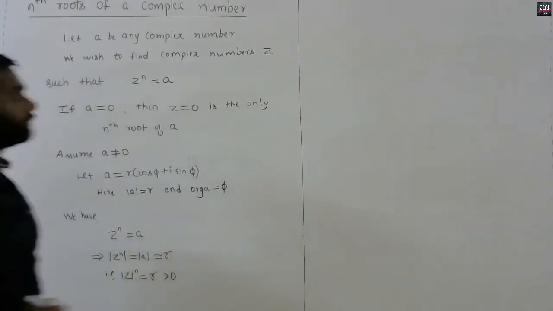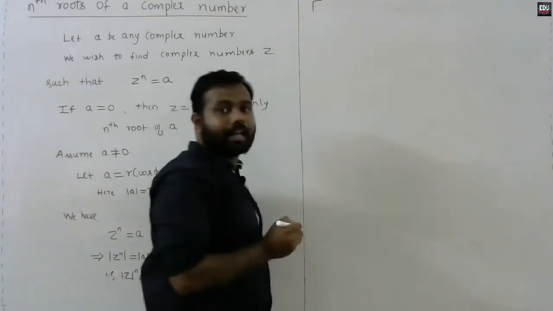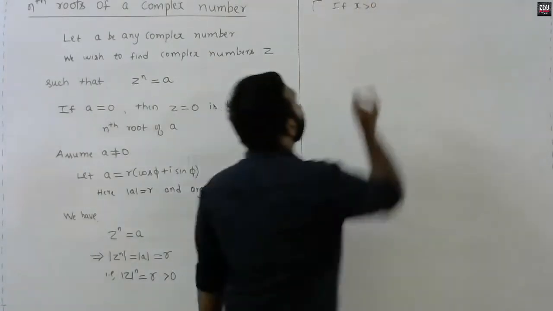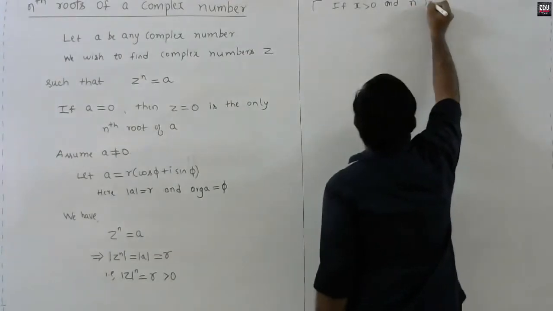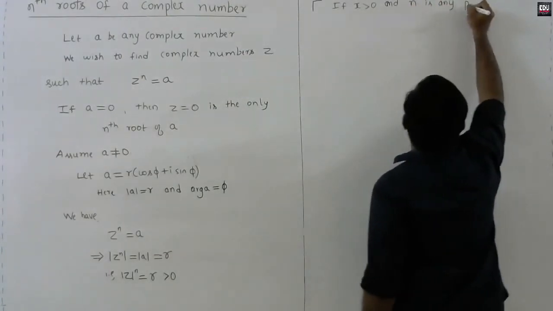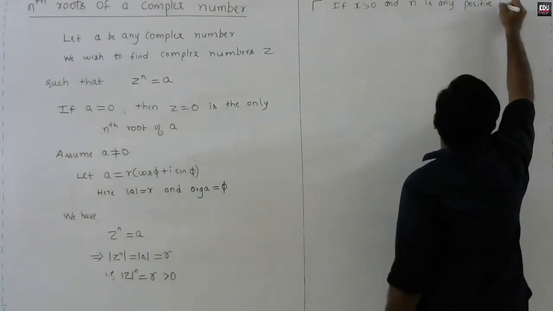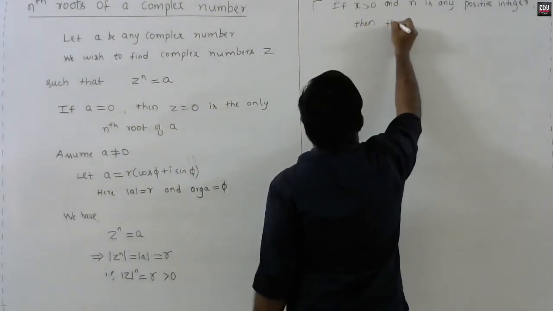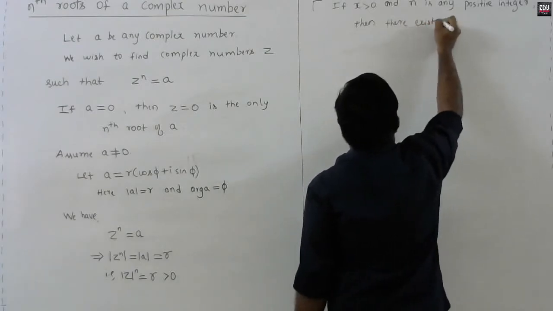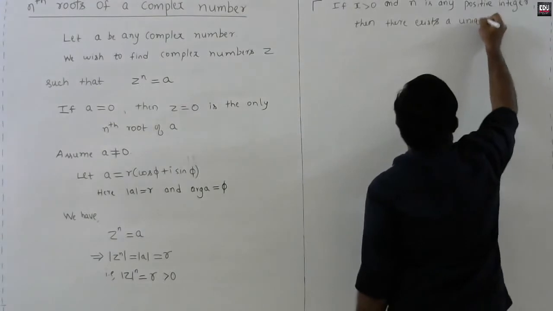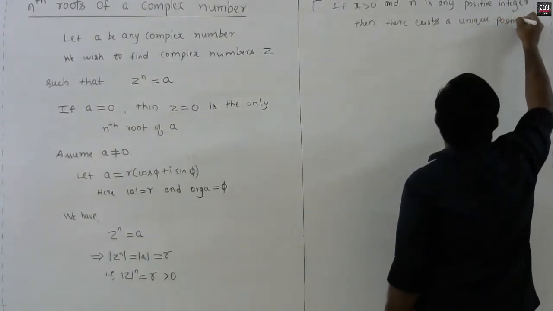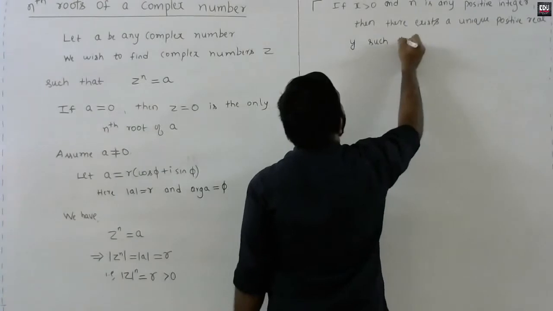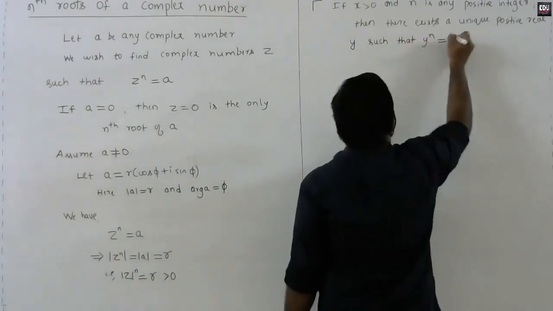Now recall a result of real analysis. If x is a positive real and n is any positive integer, then there exists a unique positive real, say y, such that y power n will be equal to x.